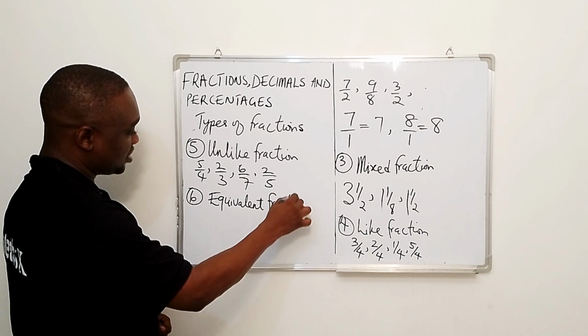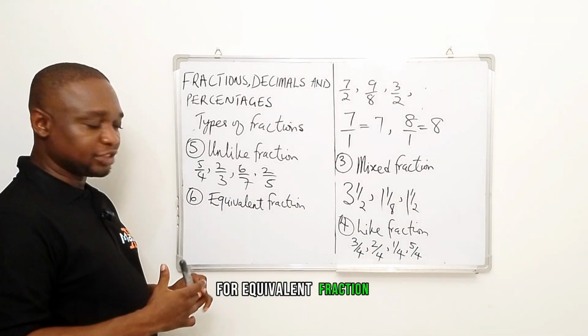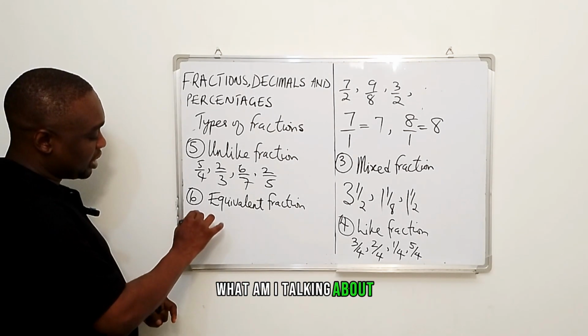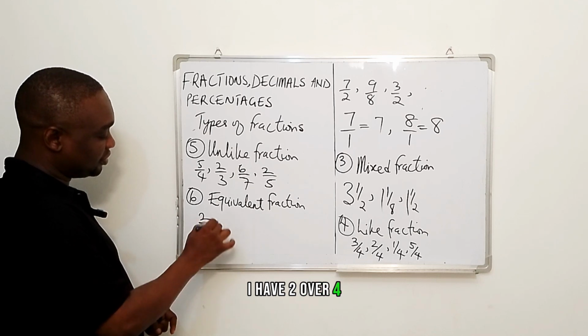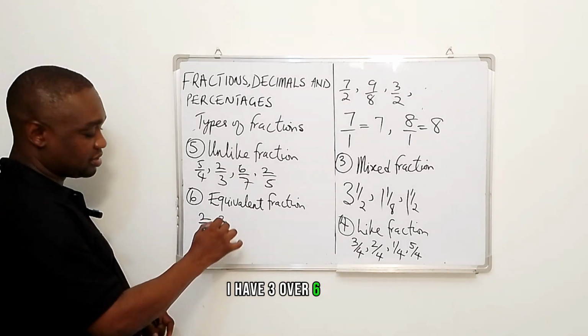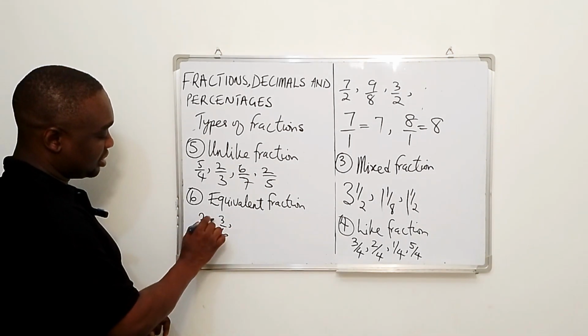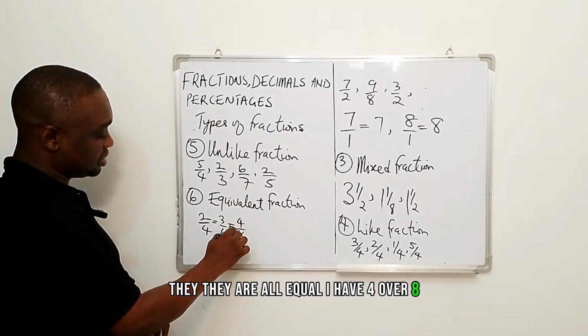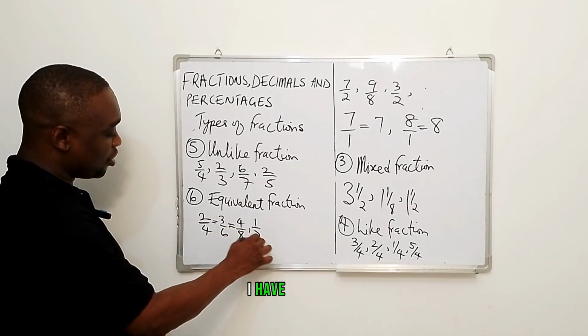For equivalent fraction, these fractions have the same ratio. What am I talking about? I have 2 over 4, I have 3 over 6, I have 4 over 8, I have 1 over 2.